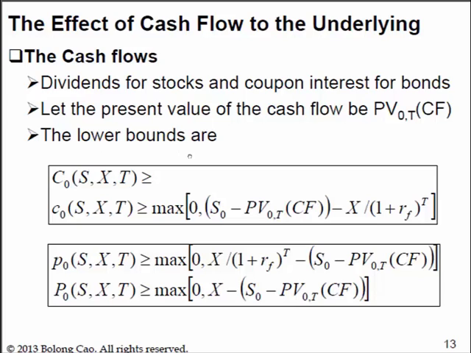Now the lower bounds for call options and put options change their shape. You have to deduct the present value of the cash flow to the underlying from time 0 to time capital T from the spot price of the underlying.